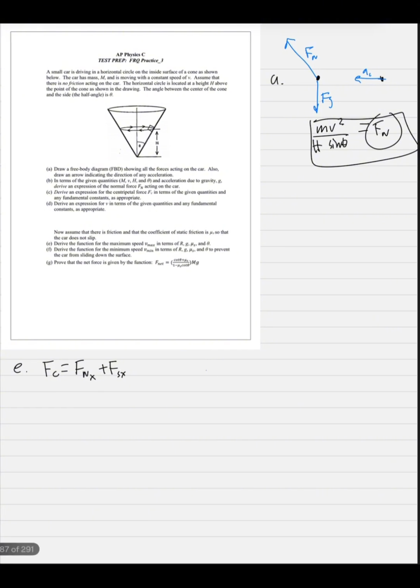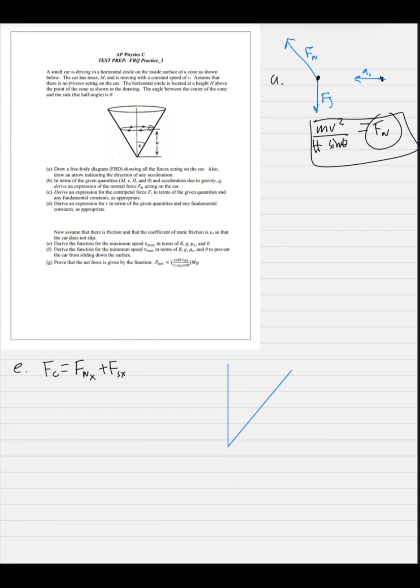For E, at max speed, the block will have the tendency to move up the ramp. So because of that, the static friction would point down the ramp. Because it's pointing down the ramp, it'll be acting with the Fnx component, so we need to figure out whether we should use sine theta or cosine theta for Fsx.